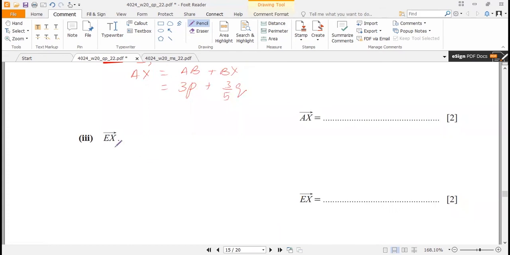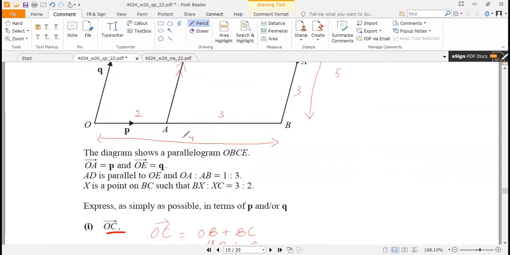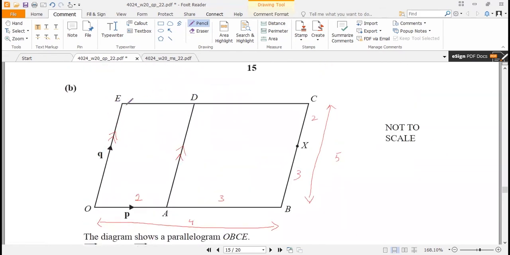Now EX. E point is here and X is here. So it will be EC plus CX. EC will be equal to 4P, and CX will be in the opposite direction, so it will be negative.